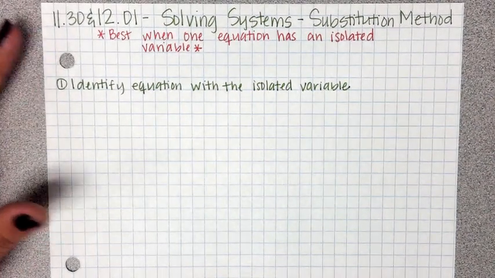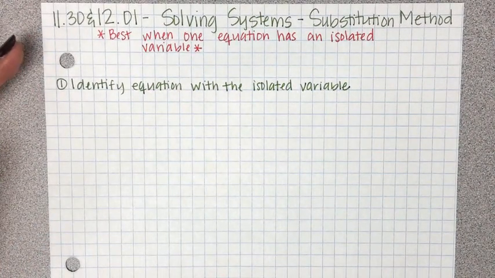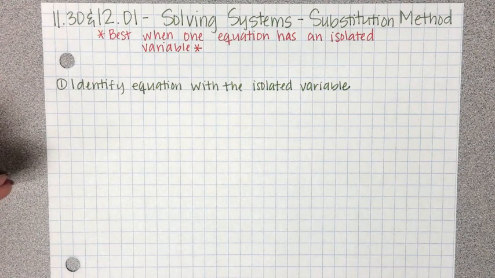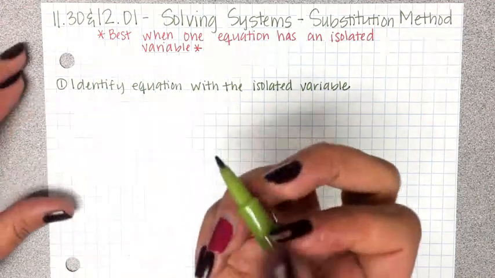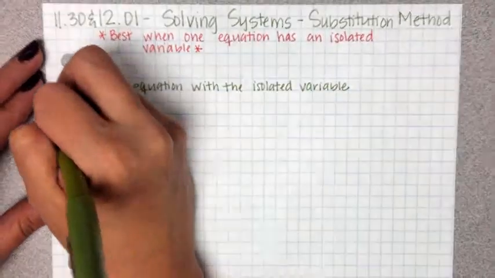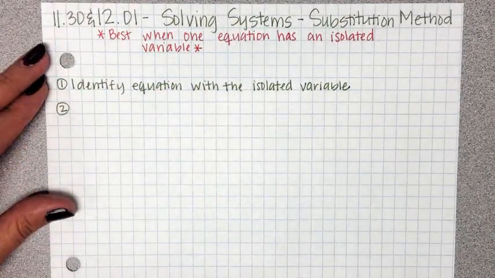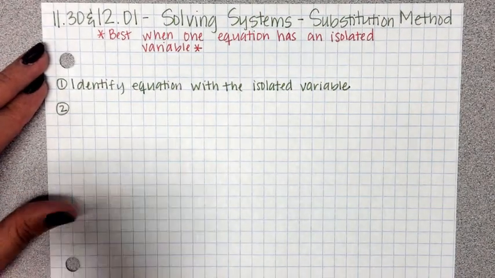Okay? If there isn't one, you can always solve one of the equations for a specific variable, but if you're doing that, you might as well just solve for y and plug it into your calculator to get what the answer would be. Step 2, you're going to substitute the expression.